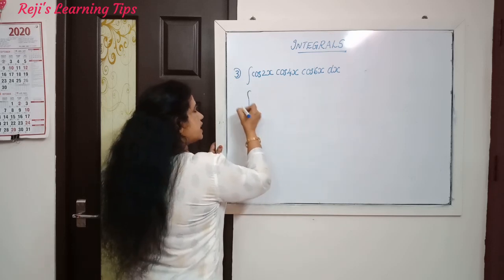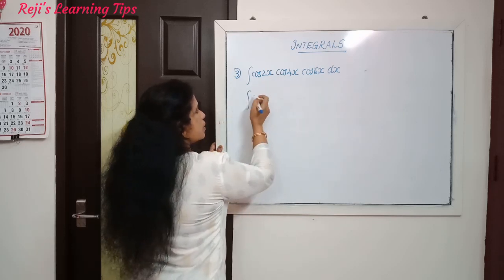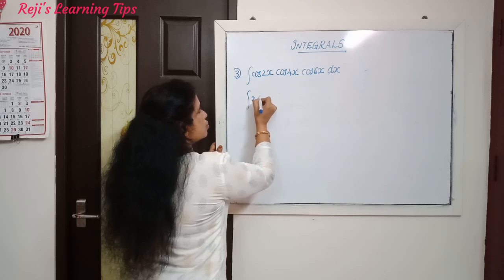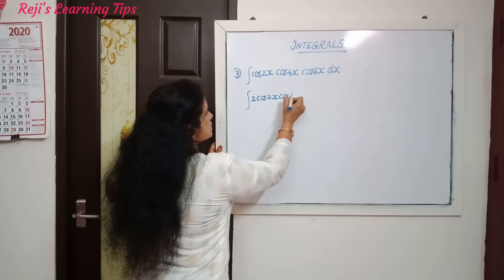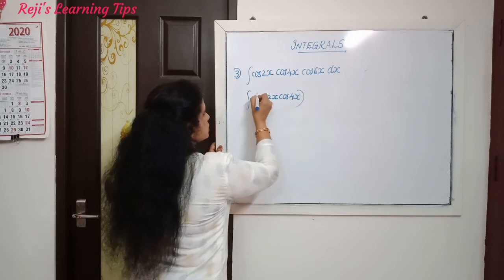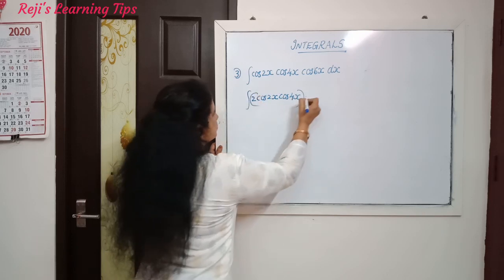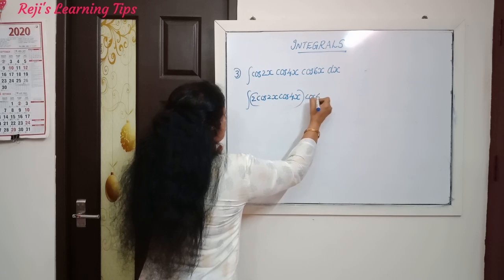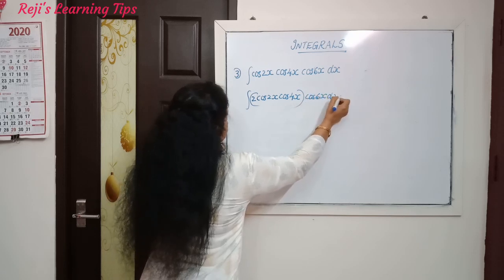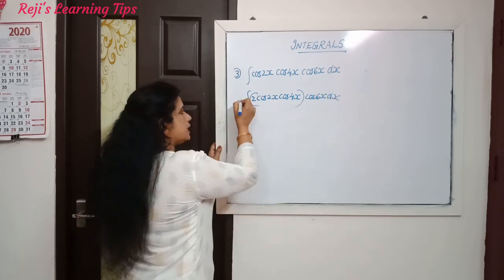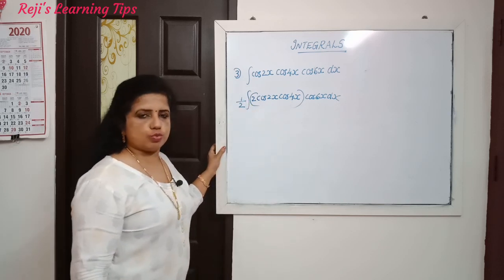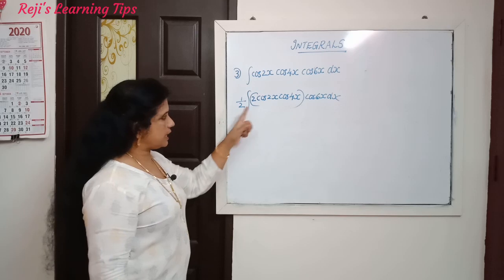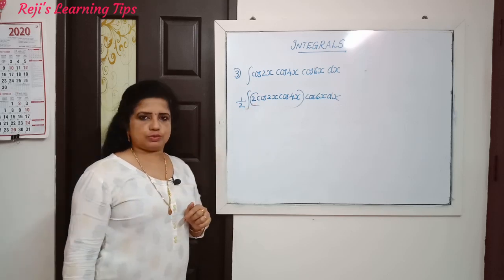So we can integrate 2 cos 2x cos 4x taken together, and then cos 6x dx. Then we should multiply and divide by 2.